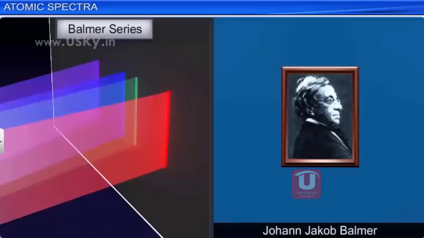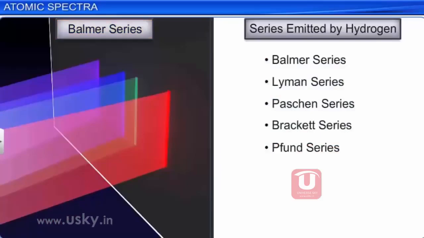Johann Jacob Balmer was the first to observe such a spectral series. Hence it was named the Balmer series. The other such series emitted by hydrogen are the Lyman series, Paschen series, Brackett series, and Pfund series, where each one has been named after its discoverer.